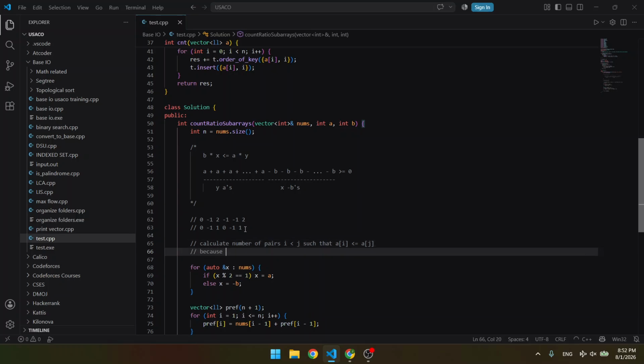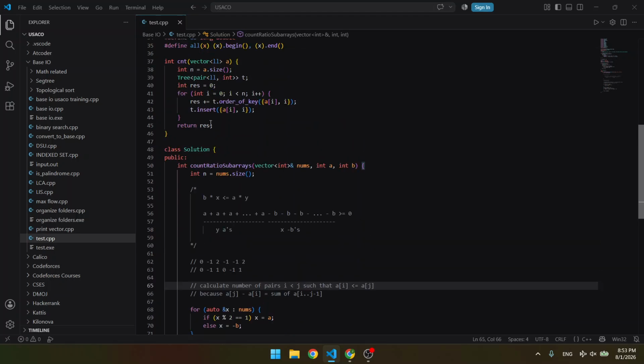Because when you subtract them, aj minus ai will be equal to the sum from i to j minus 1. This will be the sum of that, which is a subarray. Okay, so you just calculate the number of pairs i smaller than j, such that ai is less than or equal to aj. Over here, I just use an order statistics tree to help me do that.